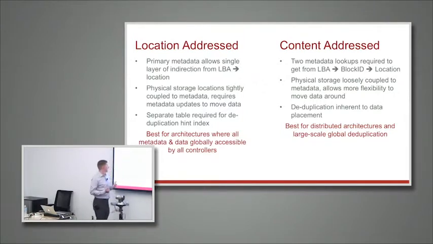So really what that means is this architecture is much better where you want a distributed architecture, where you want a scale-out architecture, or where you want to get to very large scales. The location-addressed architecture is fine where you can have all of the metadata, all of your tables, essentially globally accessible. So on a dual controller, tightly coupled architecture, that works fine. It really falls apart when you try to do scale out with it.